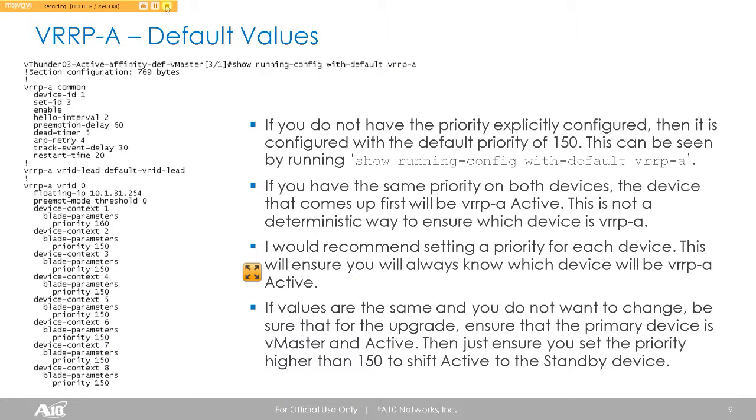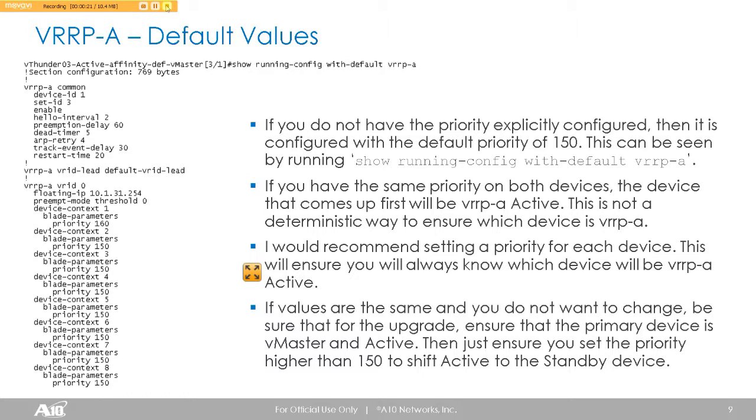It is important to note that the default VRRP-A priority is 150. If you do not configure these stanzas explicitly, then the devices will use the default priority, which means that all systems will be 150. This also means that you cannot be sure which device will be VRRP-A active.